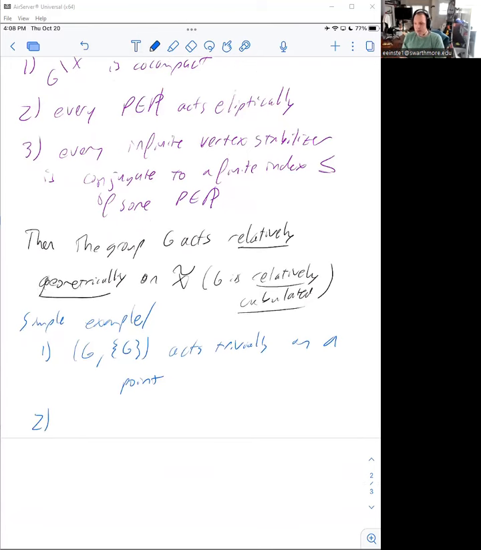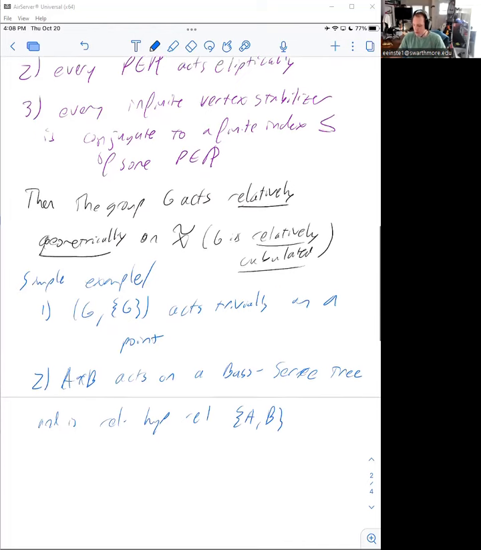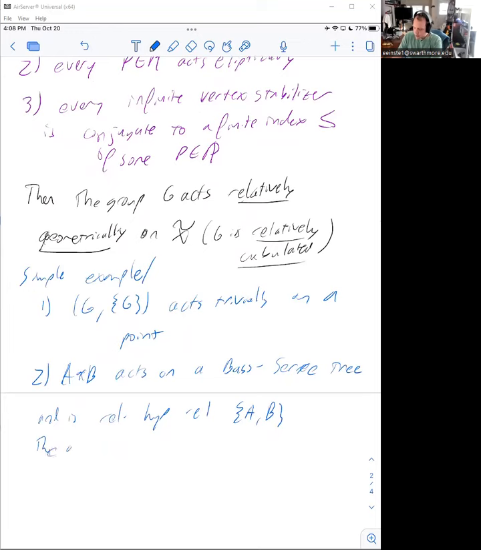And the other example that probably most of you have some familiarity with is that if I take a free product of, say, two groups, this acts on a Bass-Serre tree, and is relatively hyperbolic relative to the collection of the vertex stabilizers of the Bass-Serre tree. So in particular, the action on the Bass-Serre tree is relatively geometric.